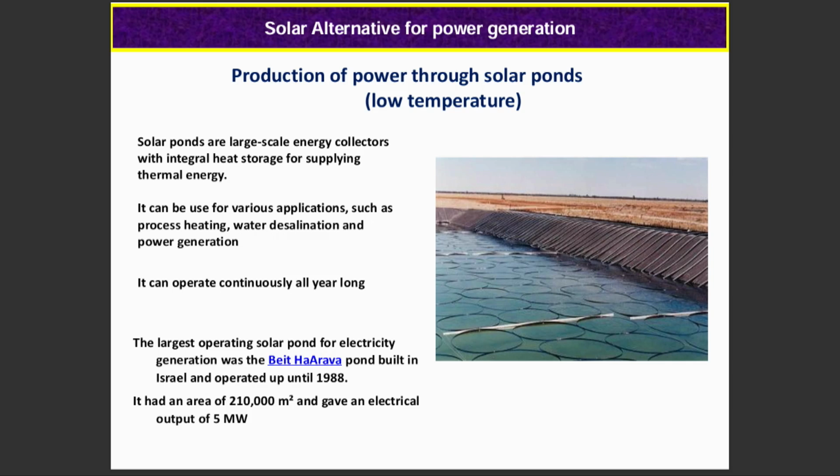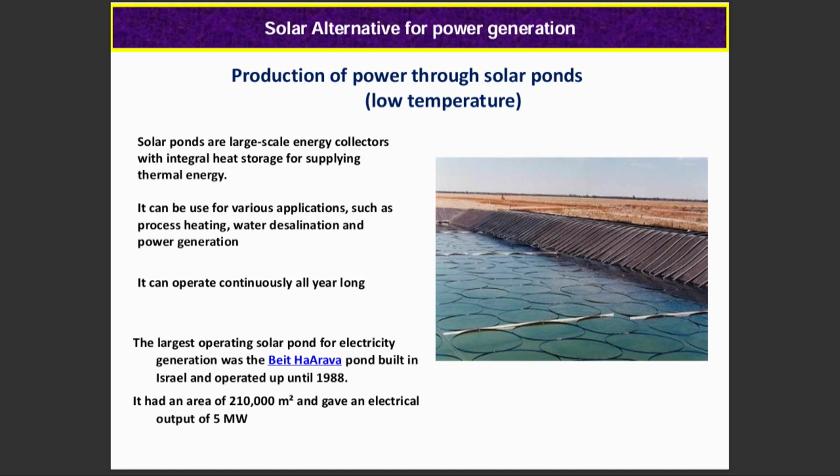It's a large-scale energy collector with salt water. You can also use this large surface as thermal storage, and it could generate a part of electricity due to the difference of salinity and difference of temperature.